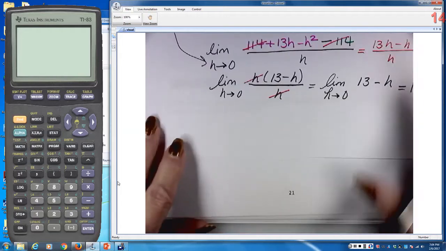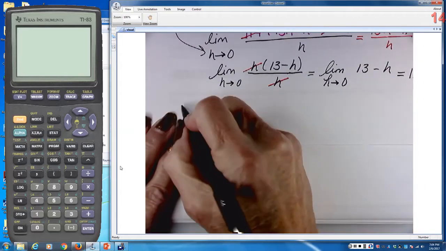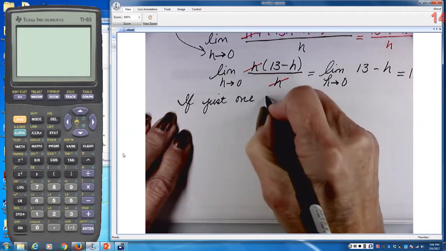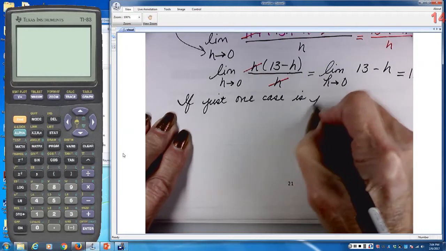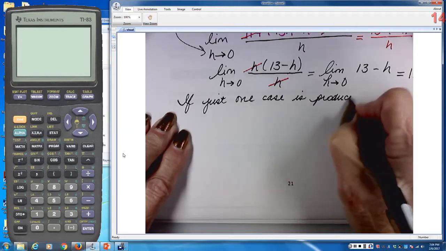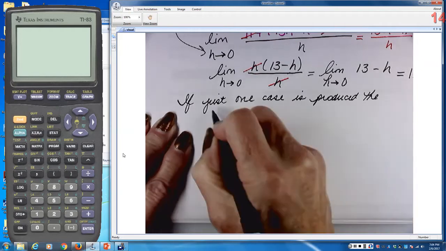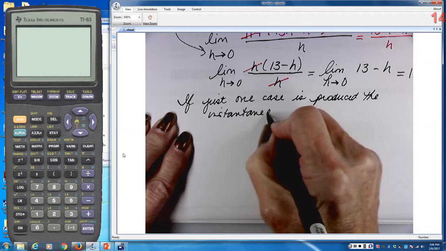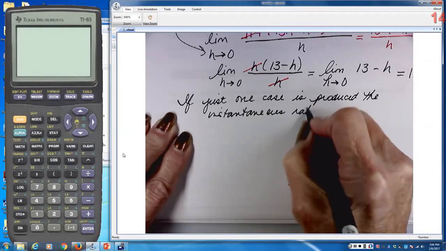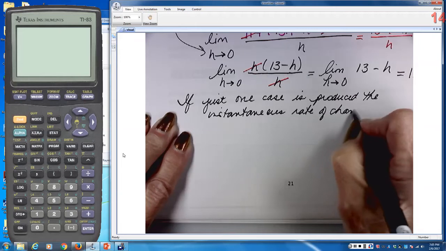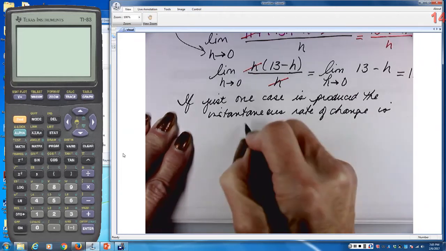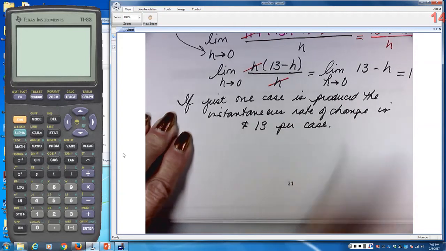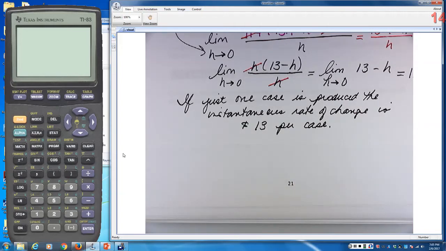If just one case is produced, the instantaneous rate of change is $13 per case.